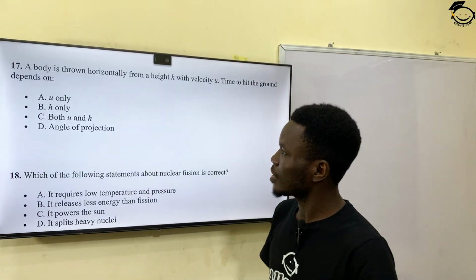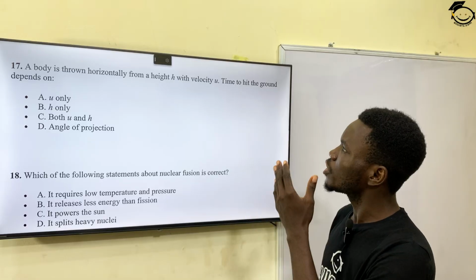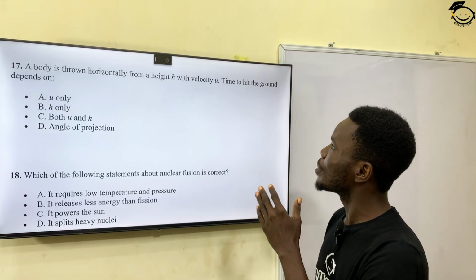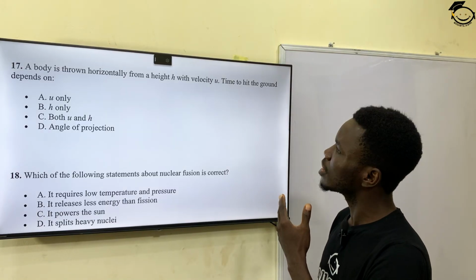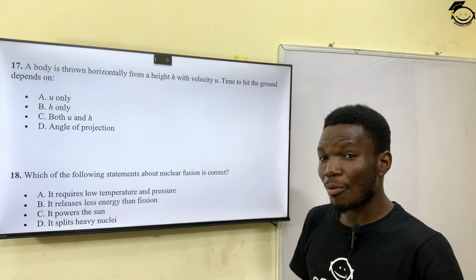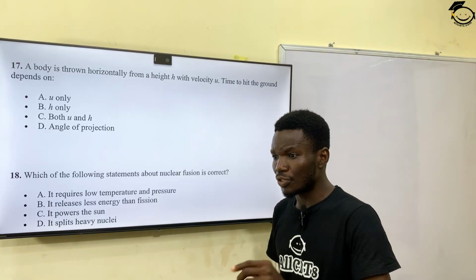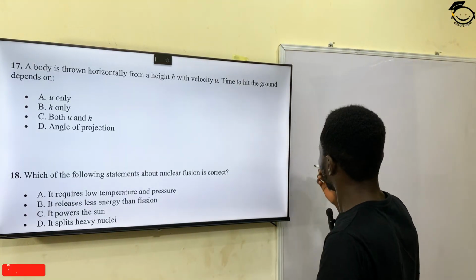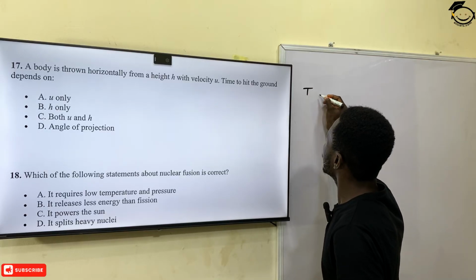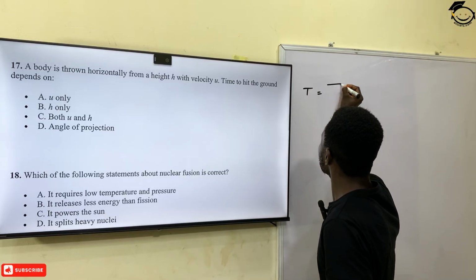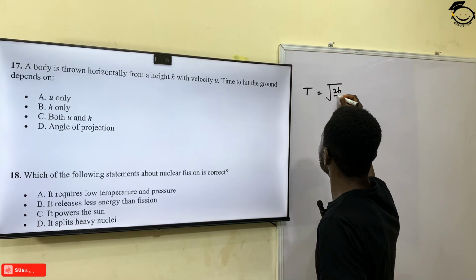Moving on, question number 17 says a body is thrown horizontally from a height h with velocity u. The time to hit the ground depends on what? Now, whenever a body is thrown horizontally, the time it takes for the body to hit the ground is always equal to square root of 2h over g.